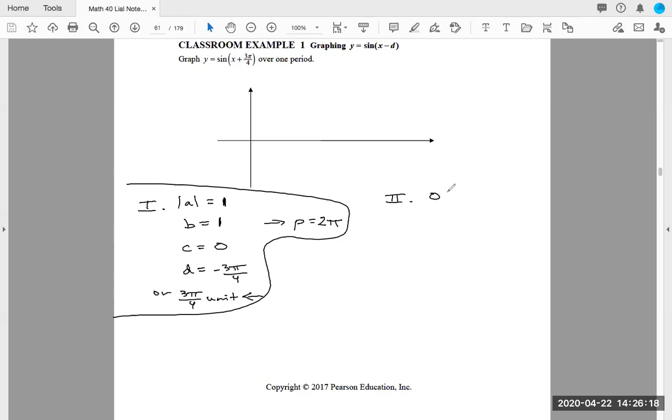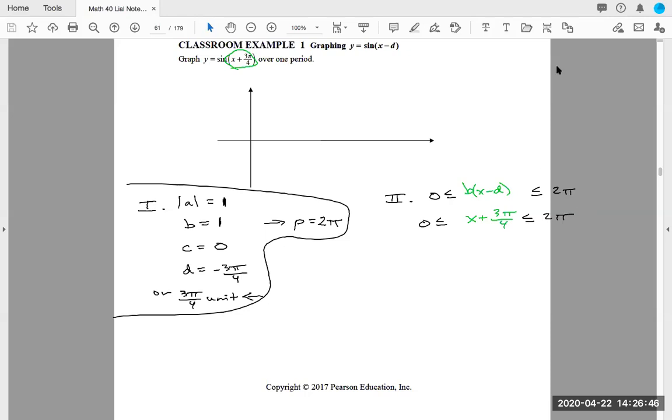So again, between 0 and 2 pi, we're going to put b times x minus d. B times x minus d is whatever's in the argument of sine. So we're going to put x plus 3 pi over 4 between 0 and 2 pi.